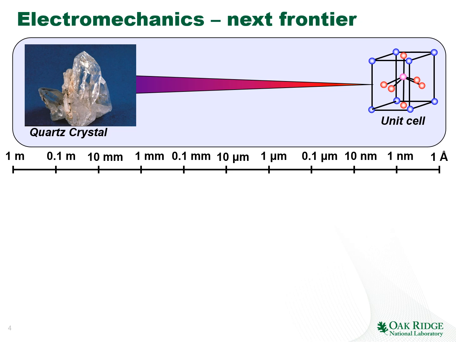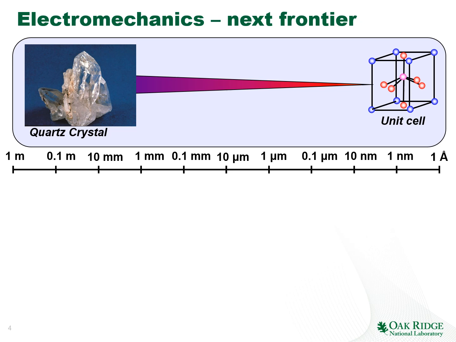We can also take this crystal or a part of it, go to the synchrotron and study the properties of the materials on the level of the unit cell. So we can study structure, phonon modes, and other materials properties. And then we can directly compare the macroscopic electromechanical properties with the atomic structure and phonons.